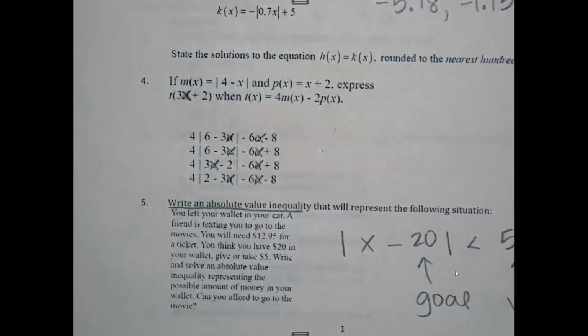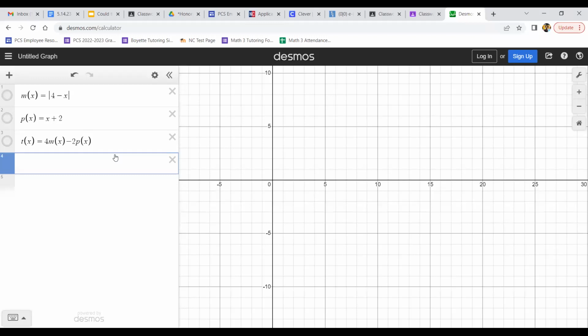Okay. So first I'm going to type t of 3x plus 2 in. And you'll know that you did this correctly if Desmos doesn't think that it's nonsense. So I'm going to show you one that it would think is nonsense. If I did k of 3x plus 2, Desmos is like, cool, should I add a slider?